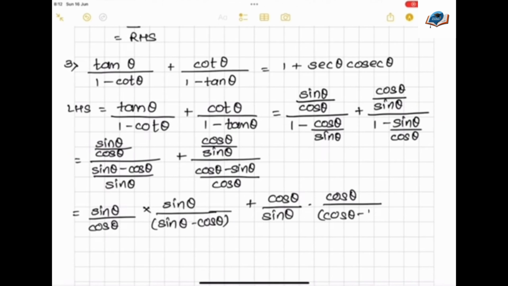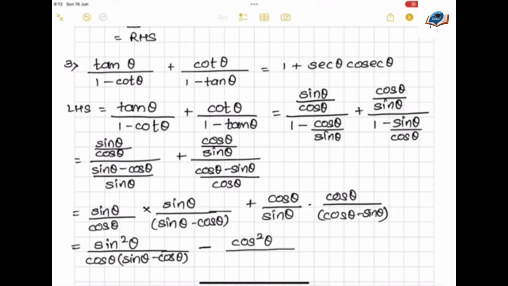So sin theta into sin theta will be sin square theta. Now if I multiply them, sin square theta upon cos theta into (sin theta minus cos theta), plus cos into cos will be cos square theta. So now from here I am taking minus common so that I can write cos square theta upon sin theta into (sin theta minus cos theta).